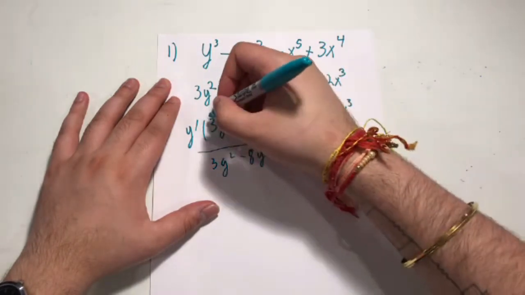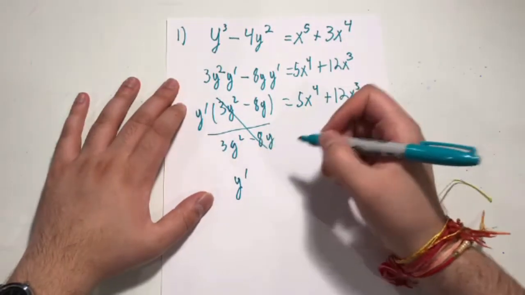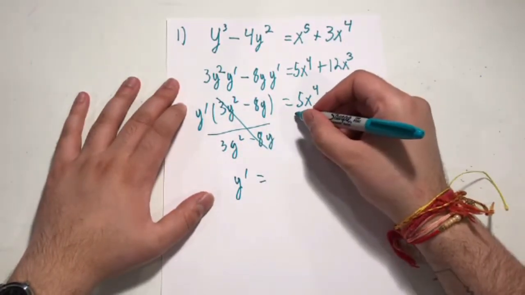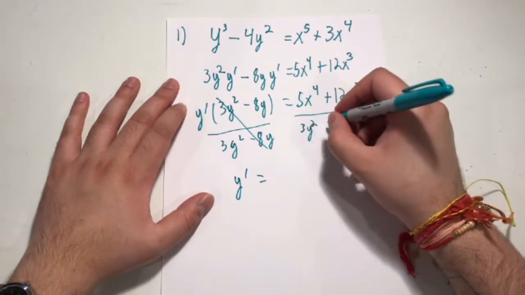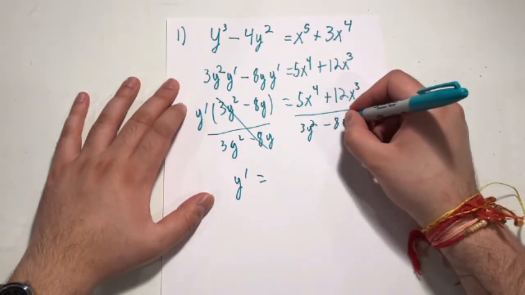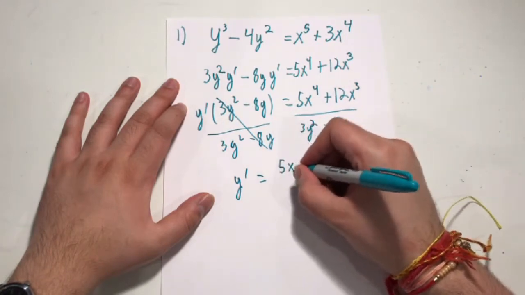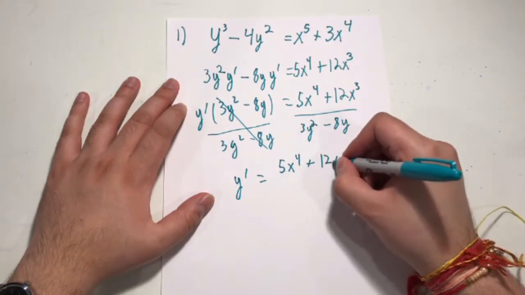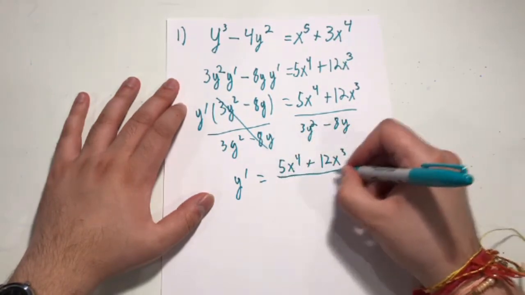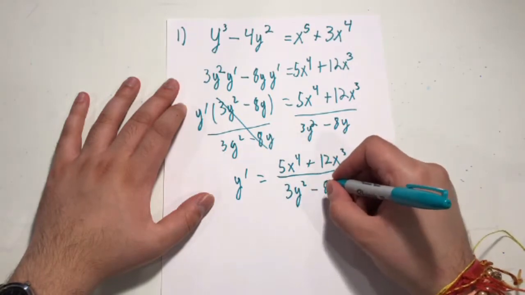Those cancel, leaving me with y prime, which is great. Then I divide to this side a 3y to the second minus 8y. And my final answer is 5x to the fourth plus 12x to the third over 3y to the second minus 8y.